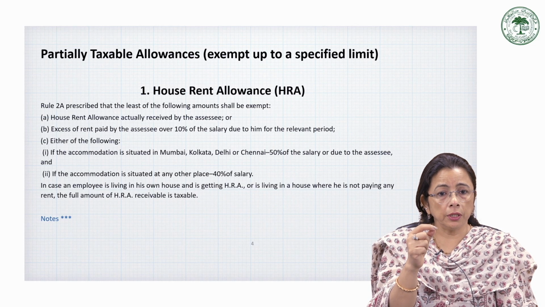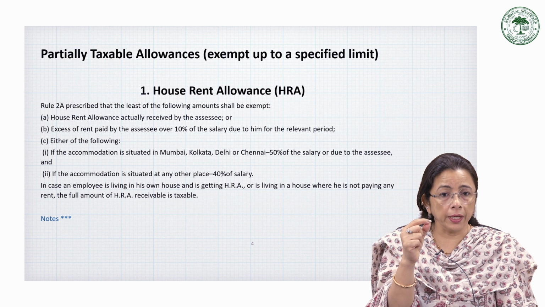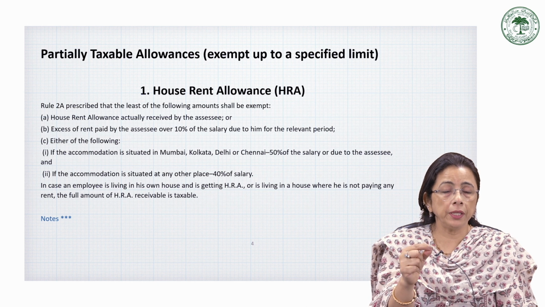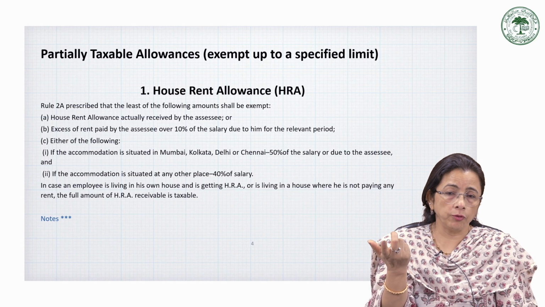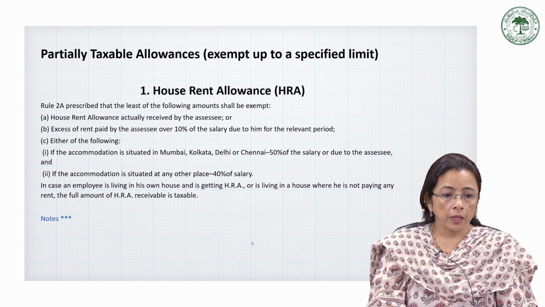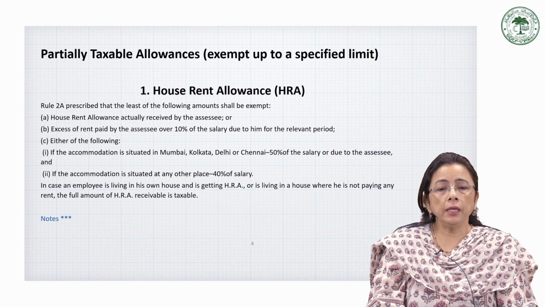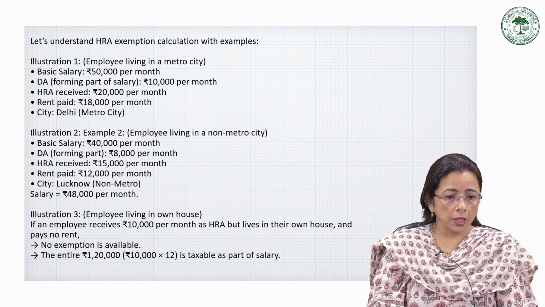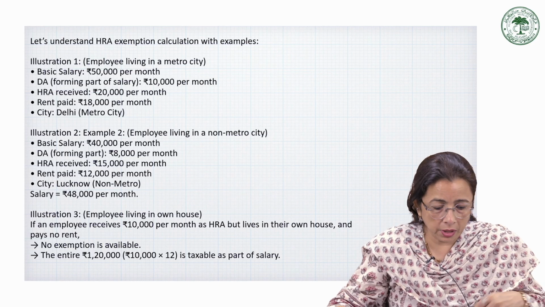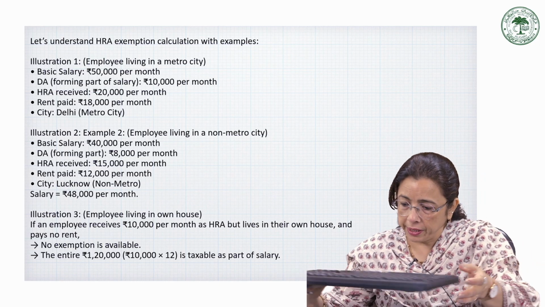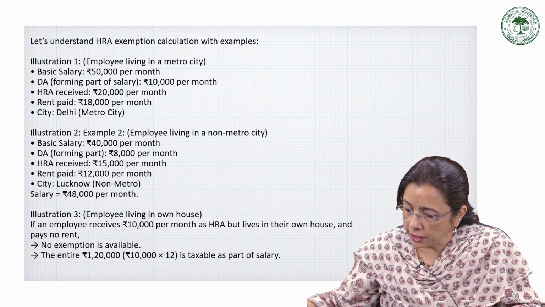Then if he is paying more than 1 lakh rupees as rent, you have to provide the PAN card. To understand it better, let us discuss a few illustrations for the calculation part.